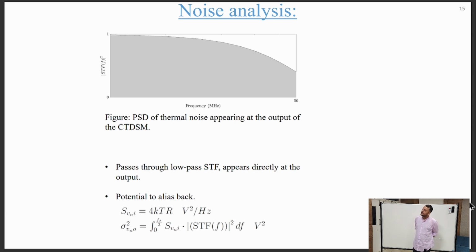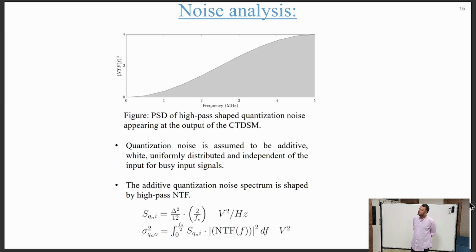So we added thermal noise at the input. Thermal noise passes directly through the signal transfer function, and its variance can be easily calculated using the equation given. This is the quantization noise which is added at the ADC's input, and it gets shaped through the noise transfer function. Similarly, we know the PSD of the quantization noise, so its variance can also be easily calculated.